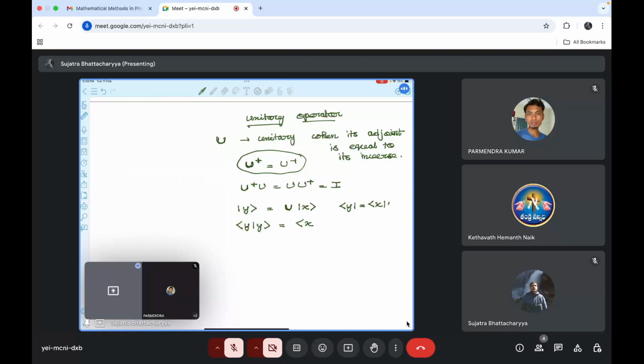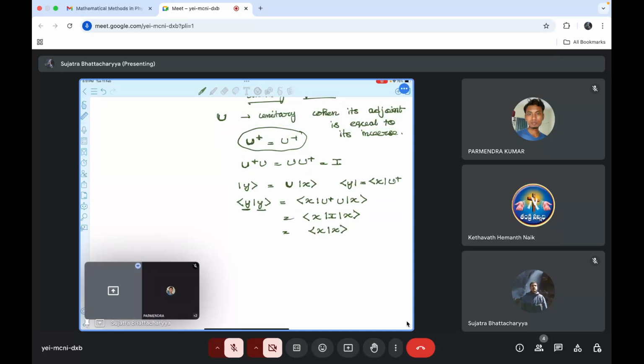It will be x U dagger, right? We have seen that. So x U dagger as this one, and this one is U x. U dagger U is what? Identity. So the identity operator on x, which is nothing but x and x. That's all, right? So what we are getting is that you start with the y and y inner product, you are getting the x and x inner product.